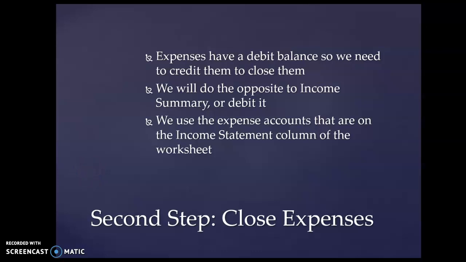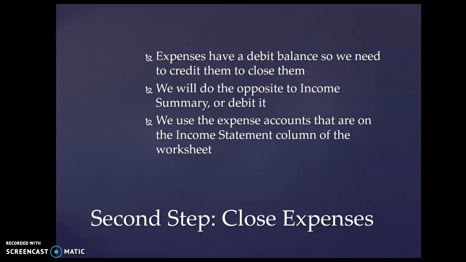Where are we going to get these expense accounts that we're going to close by crediting? They will be on the income statement column of the worksheet, just like the revenues, if we have a worksheet. Otherwise, we'll take them off the general ledger. And again, everything has to be posted before we do this.